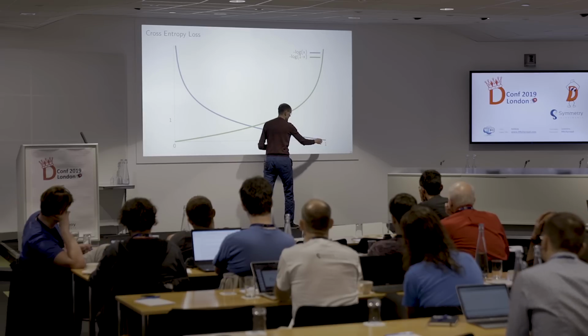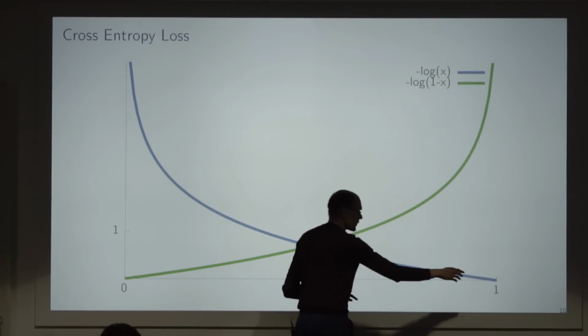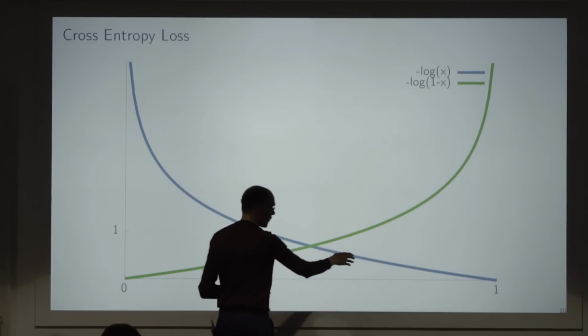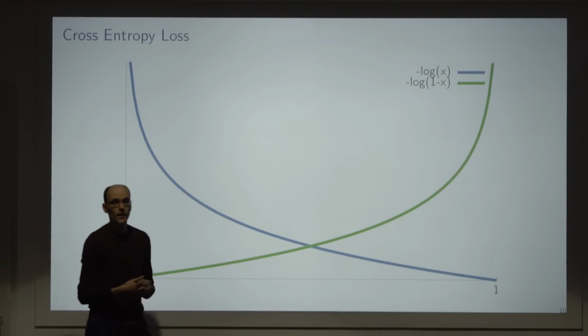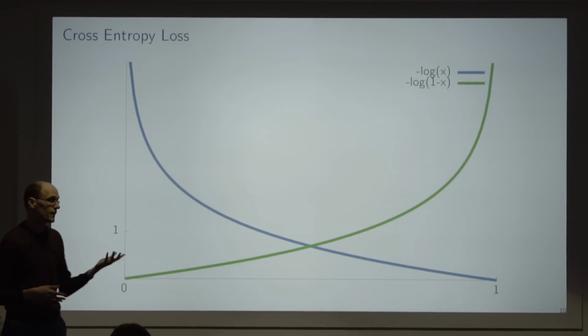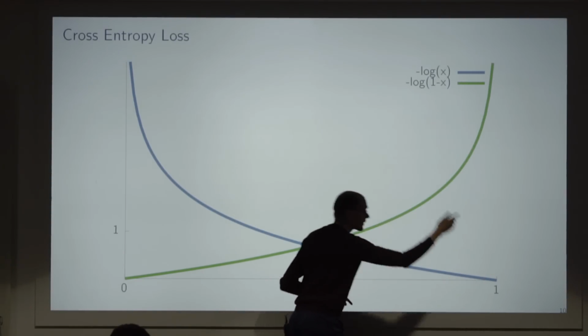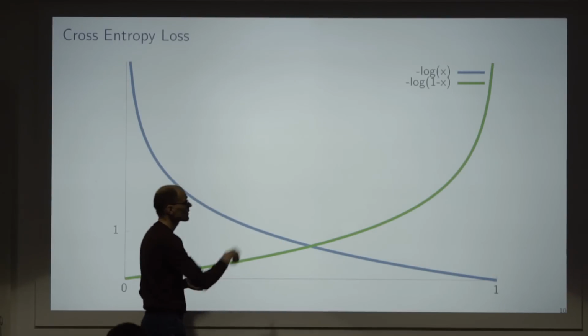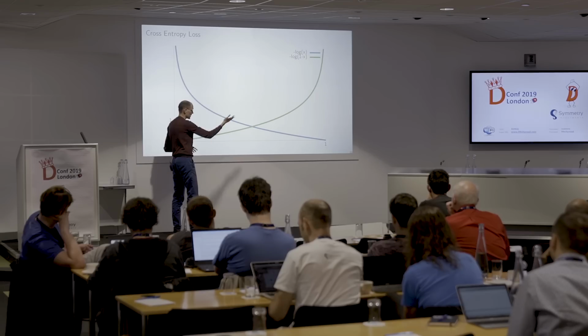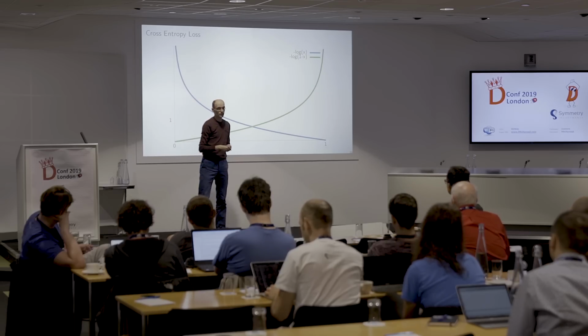At 1 it should be 0. But if we are less certain, you see that you get more loss. In the examples you see it is an apple, so you want to push it here for this very observation. And for the other one, it's symmetrical, in the other direction.